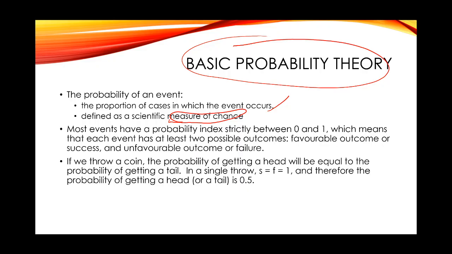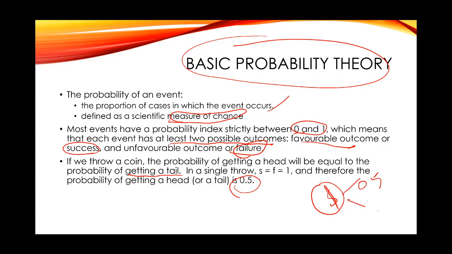Most events have a probability index strictly between 0 and 1, which means an event has at least two possible outcomes, whether a favorable outcome, which we can call success, or an unfavorable outcome, which we can call failure. For example, if we throw a coin, the probability of getting a head will be equal to the probability of getting a tail, so the probability would be 0.5.